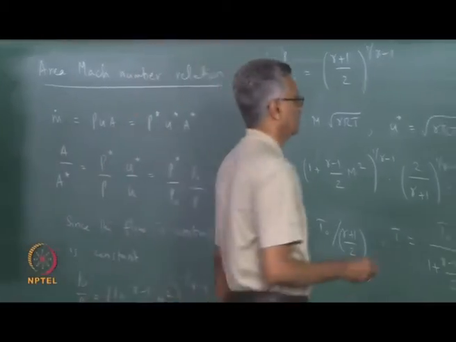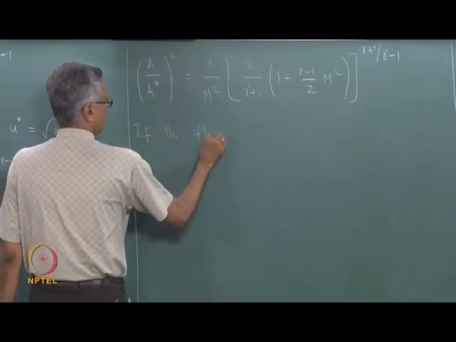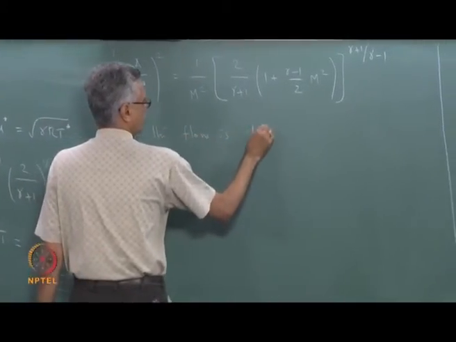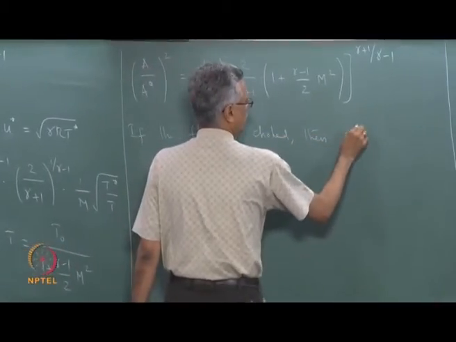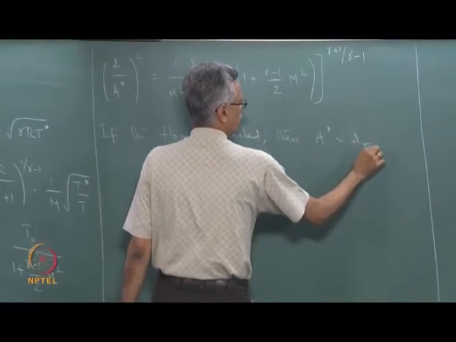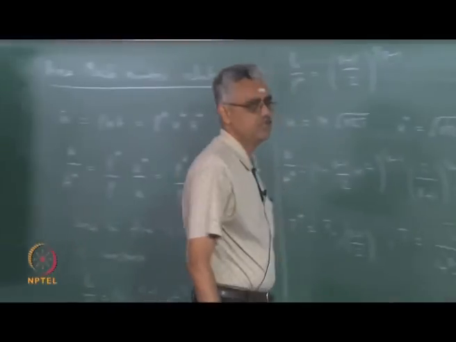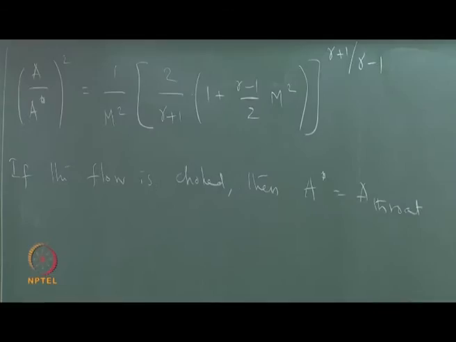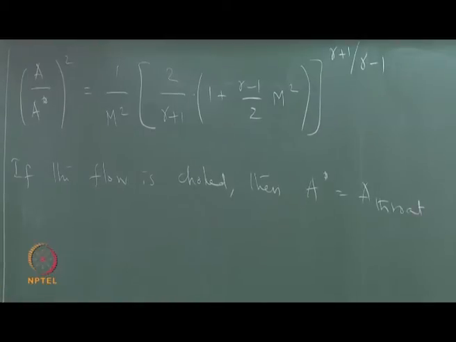If the flow is choked, then A star is indeed equal to A throat. Otherwise, we have to determine A star in some other manner. Okay?